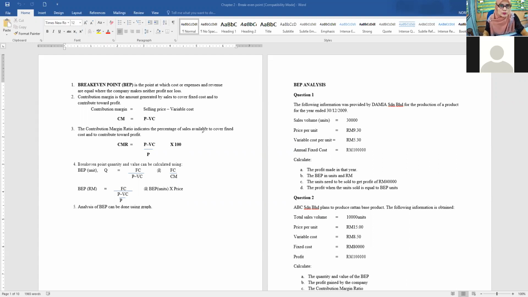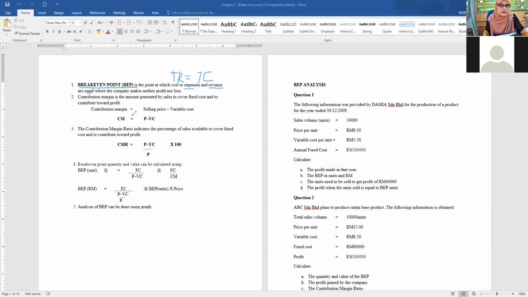Okay, for chapter 2, break-even point. Break-even point is revenue equal to expenses. Total revenue equal to total cost. Hasil sama dengan cost. Okay.